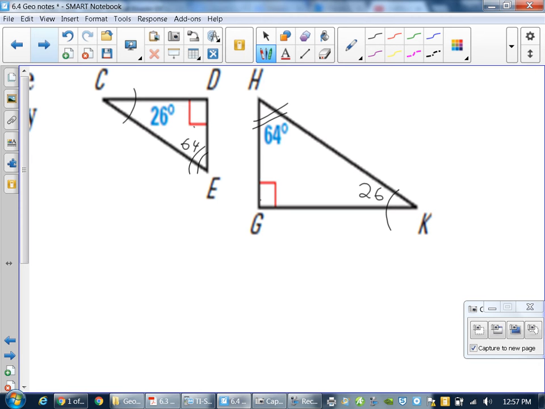Pick an angle, follow the tick marks. Just like you would with congruent triangles, that's all you have to be able to do. CDE has to be similar to what? K. There you go.